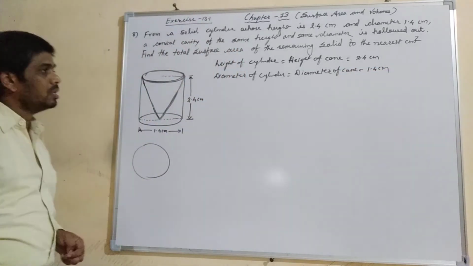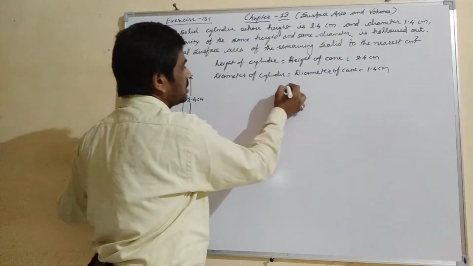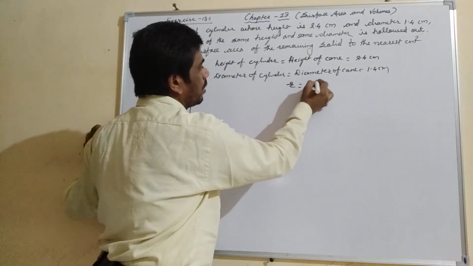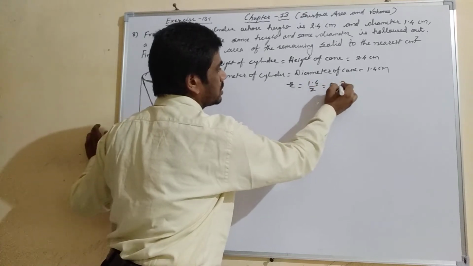This is given. So radius R will be 1.4 upon 2, which means 0.7 centimeter.